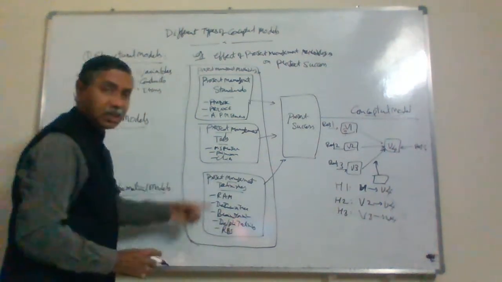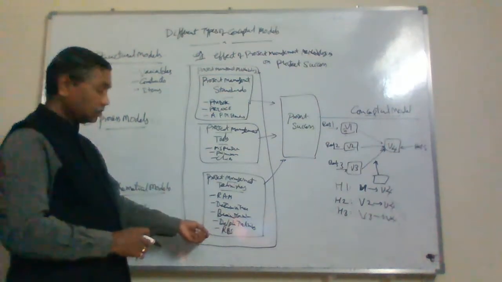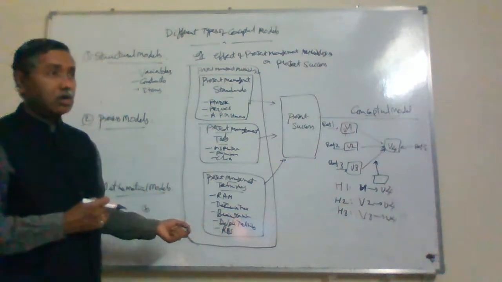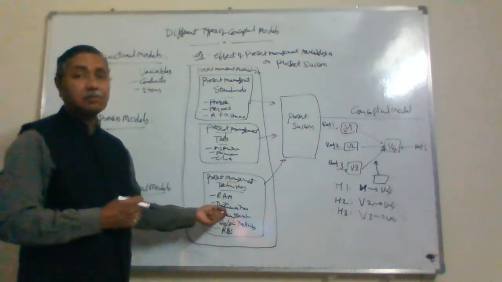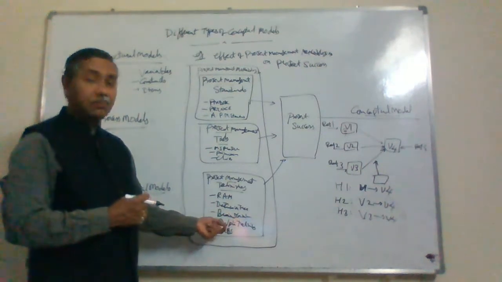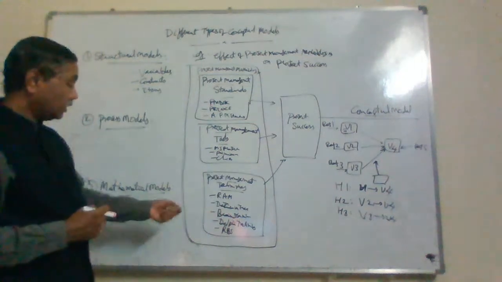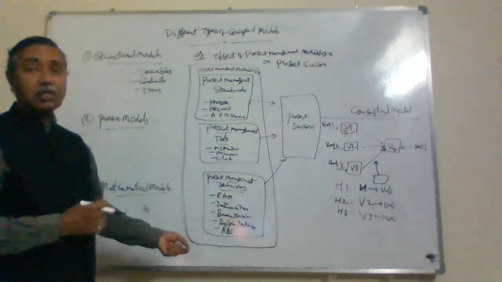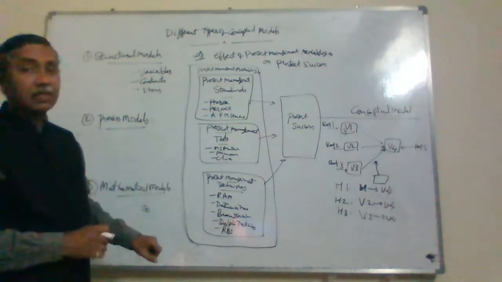We have different things, right? Similarly, histograms, bar charts, different techniques are there. Decision tree, work breakdown structure, different things are there. They all come as items under the project management techniques variable.